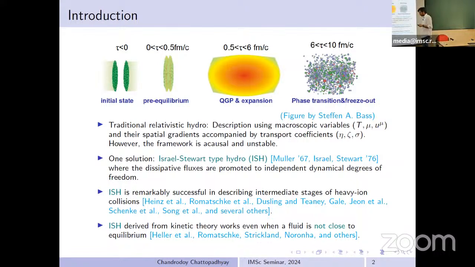What was found very recently was that Israel-Stewart type hydro theories, which can also be derived or motivated from kinetic theory, do not require the proximity of a system to any local thermodynamic equilibrium. These theories can probably describe a fluid even when it's not very close to local thermodynamic equilibrium.